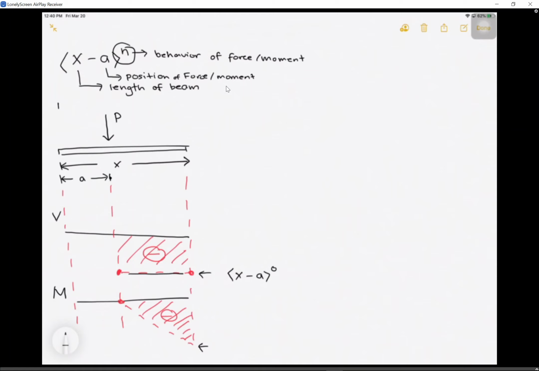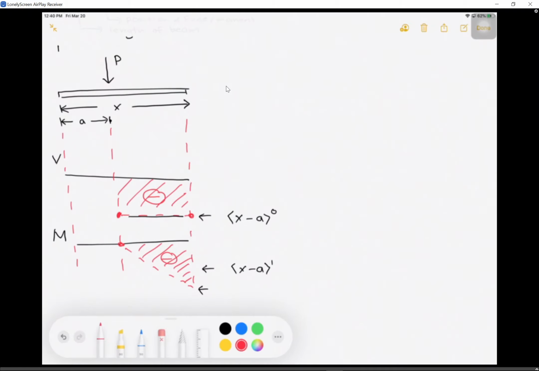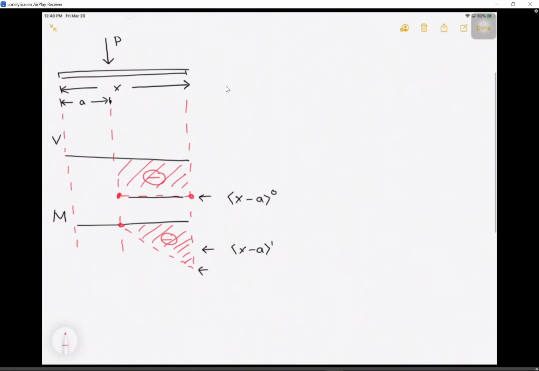If we have a diagonal line, we can say that this is x minus a raised to 1. And if we have something which looks like this, a power of 2, we can say that this is x minus a raised to 2.